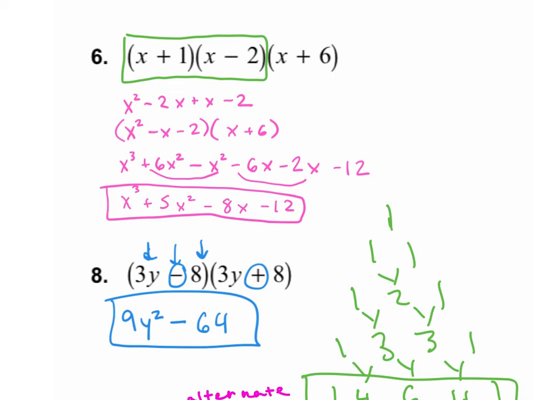For number 6, when you FOILed, after you got the equation for the two parentheses. Wasn't it supposed to be 2x, not just negative x? We had to add these two together, so that's how I got the negative x. Oh, okay. So in this step, we just had to combine like terms, just to simplify it.